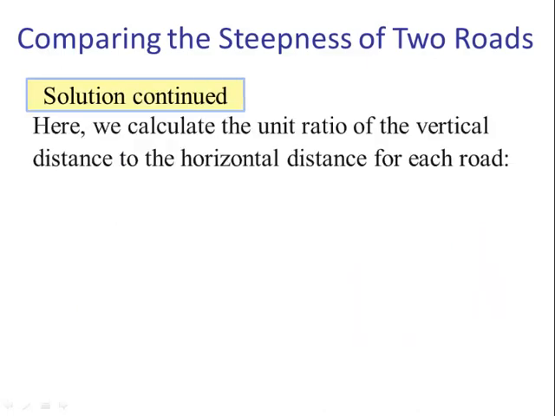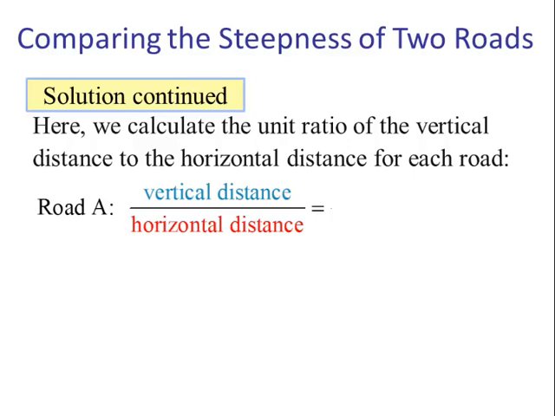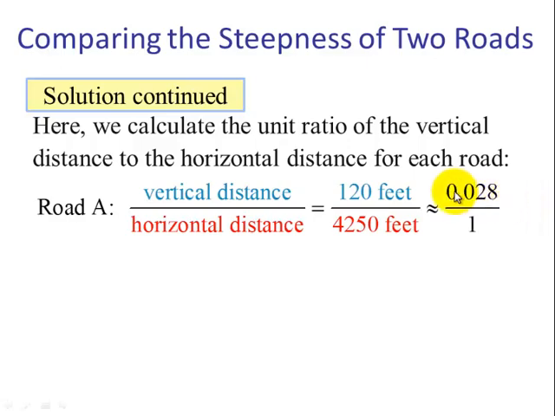If we calculate the ratio of the vertical distance to the horizontal distance for each, road A would be 120 feet over 4,250 feet. The feet will cancel, and if we take 120 and divide it by 4,250, we get approximately 0.028.